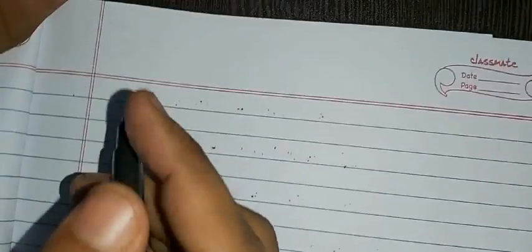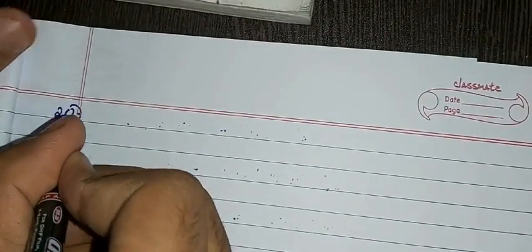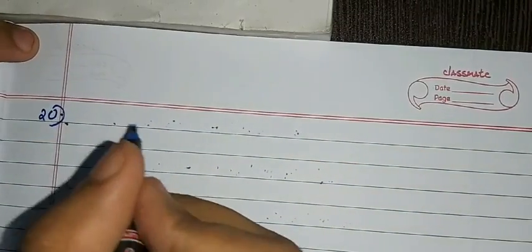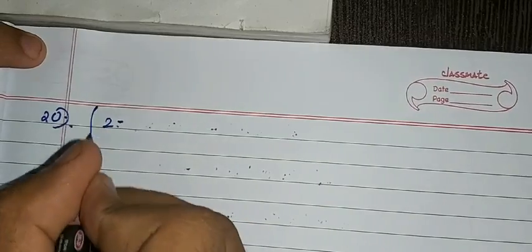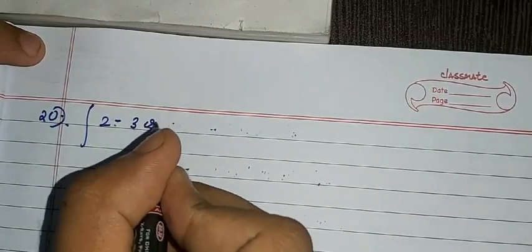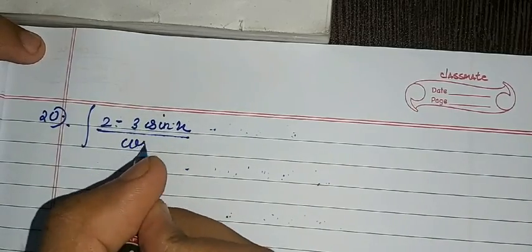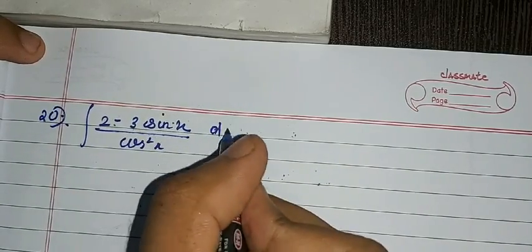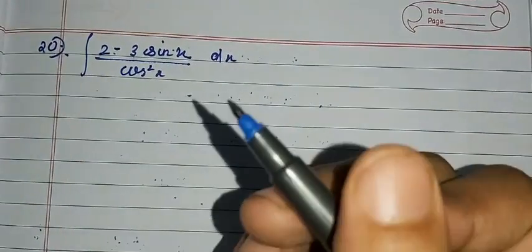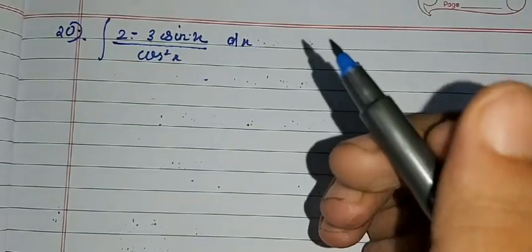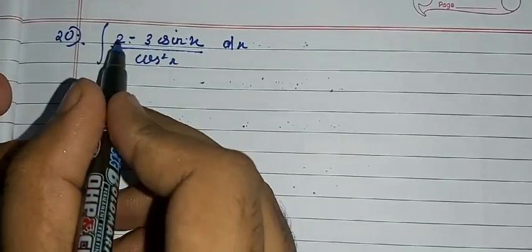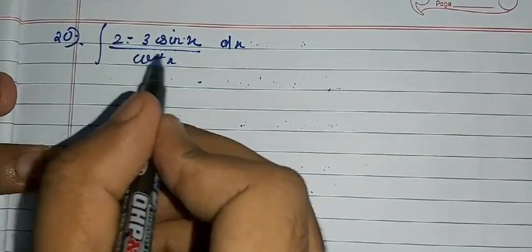Now we move on to the 20th question. What is the 20th question, guys? The 20th question is the integral of (2 minus 3 sin x) by cos square x dx. So in this we can separately divide these parts by the denominator.